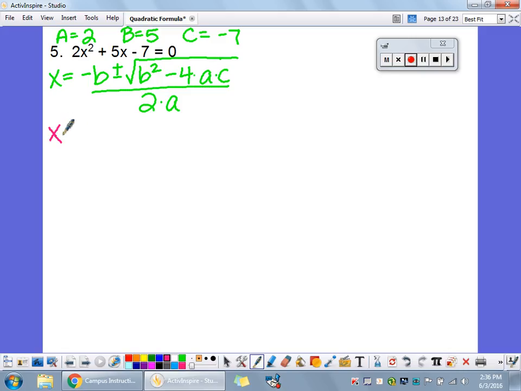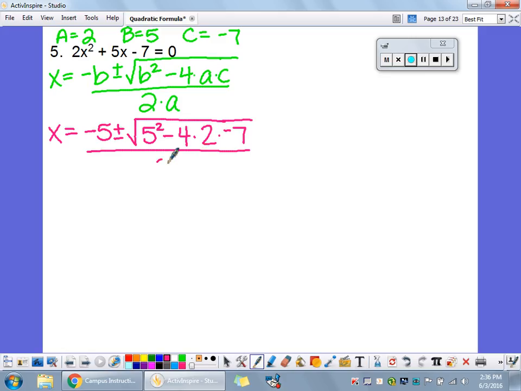So x equals the opposite of B, the opposite of +5 would be -5. So -5 plus or minus the square root of 5 squared minus 4 times 2 times -7, and then the whole thing is over 2 times 2.